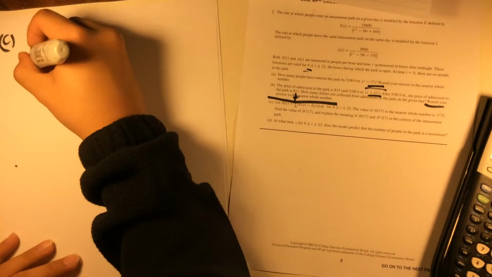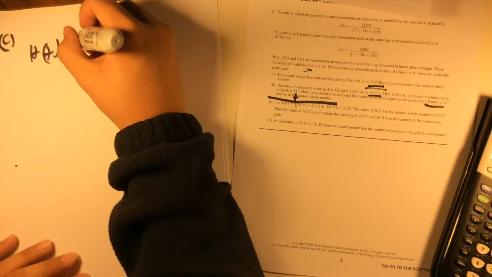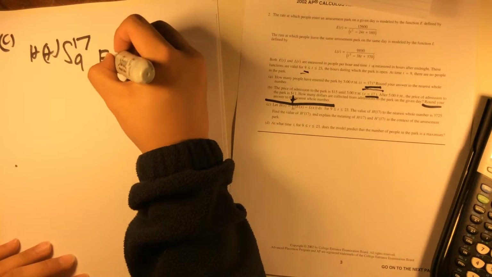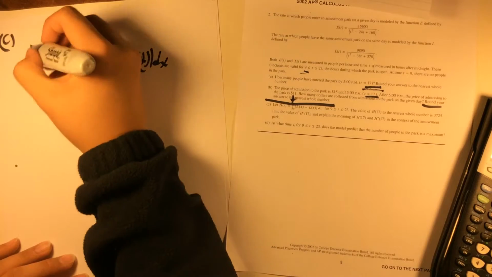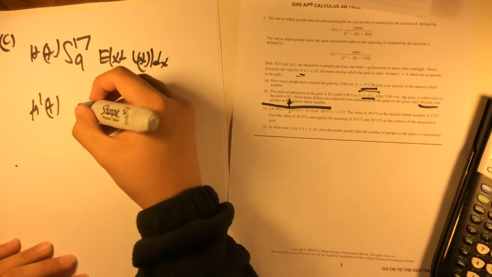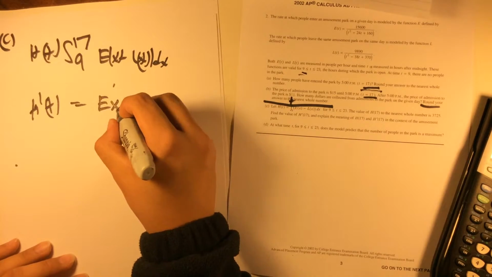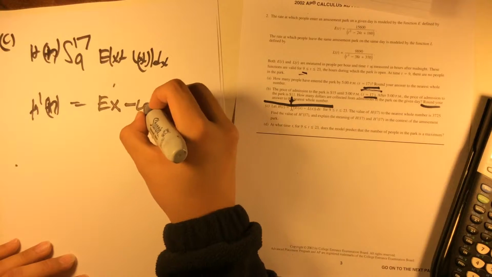Now if H of t equals the integral from 9 to t, which in this case is 17, of E of x minus L of x dx, then H prime of t is just E of x minus L of x.